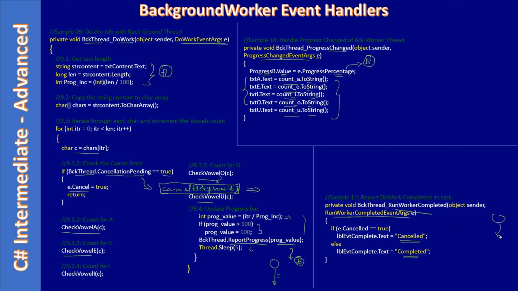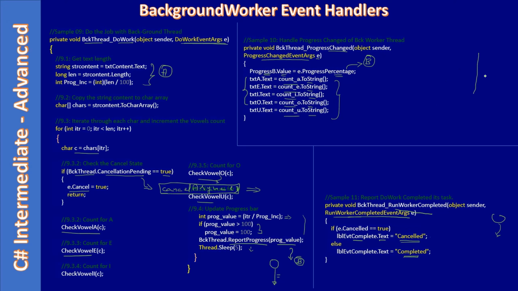When the user clicks the cancel button, it goes to the cancel event routine, and in the cancel event routine we make a call to CancelAsync, and CancelAsync will raise the RunWorkerCompleted event. Why? Because here it is cancelled, right? We get e.Cancelled equal to true, and we set the status text to cancelled. Otherwise, we state completed. That's all we have to learn here.